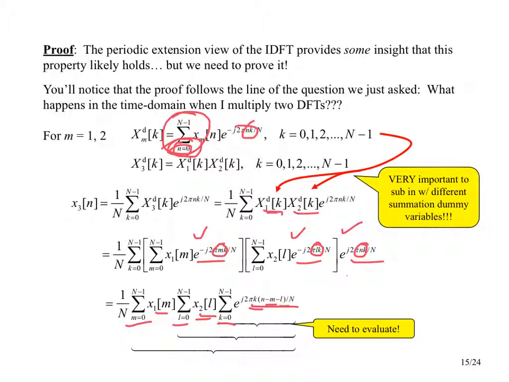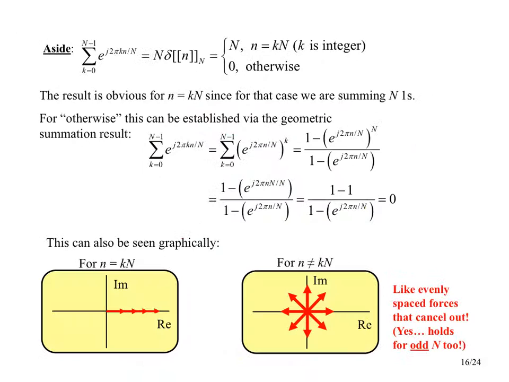So we can put them all there, accounting for the negative signs. This is just properties of combining products of exponentials. And so we now focus on this inside sum here, and we need to figure out what that thing's going to look like. So let's have just a little aside to find out what that is.